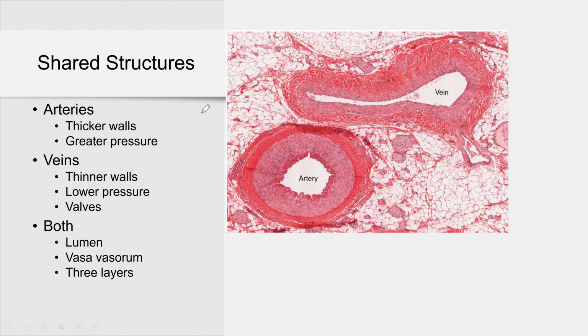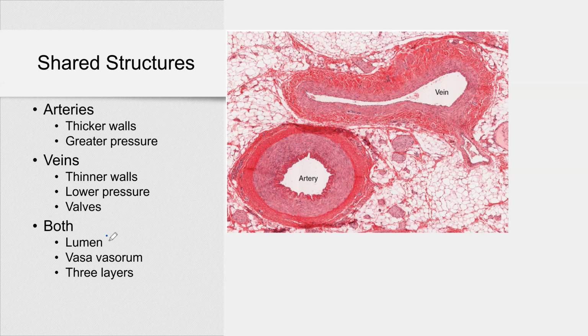If you look at this histology slide, this is an artery, right? You can see all this bulk of smooth muscle within the arterial wall. In veins, and this is a vein, they have thinner walls, low blood pressure, and we have valves within veins that prevent a backflow of the blood.